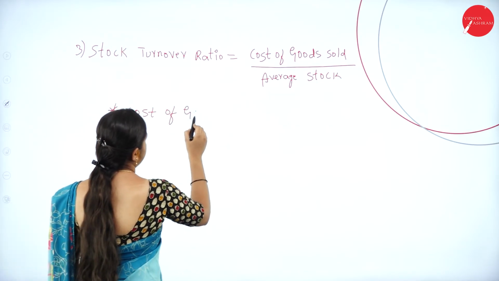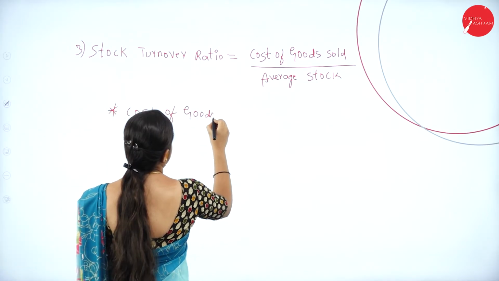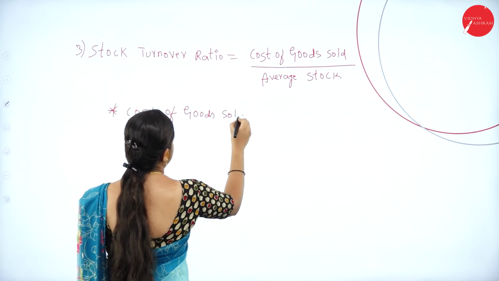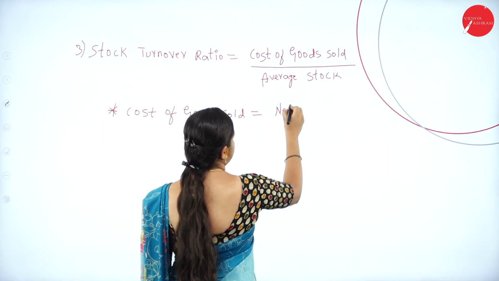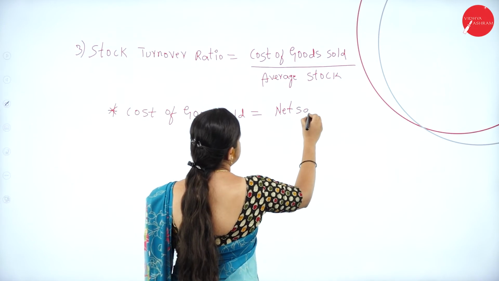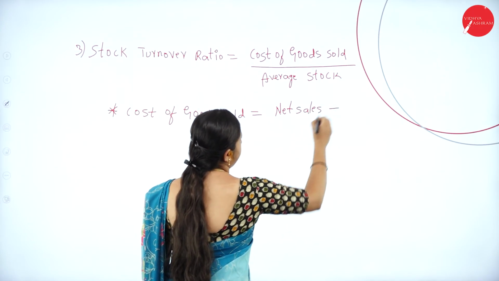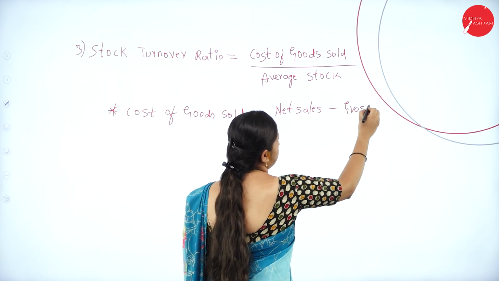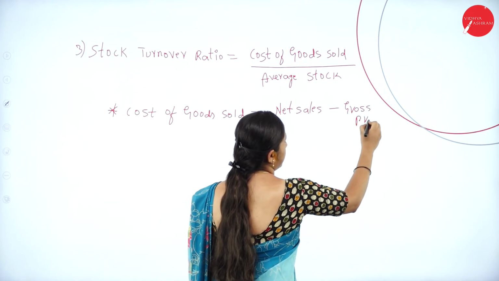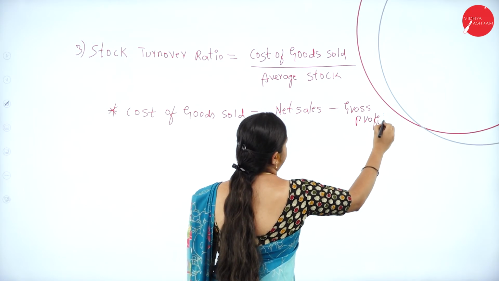Cost of goods sold is equals to net sales minus gross profit.